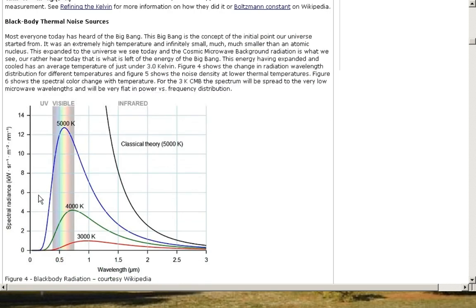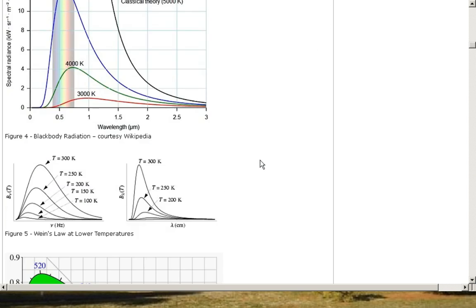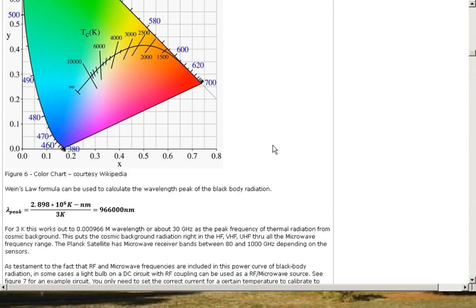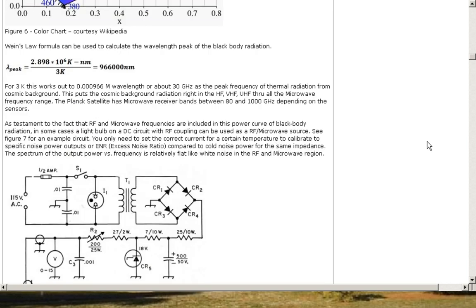And this chart, this formula has an addition. This classical theory is the ultraviolet breakdown, or whatever the heck it is. There's another formula that's added to that black body formula.